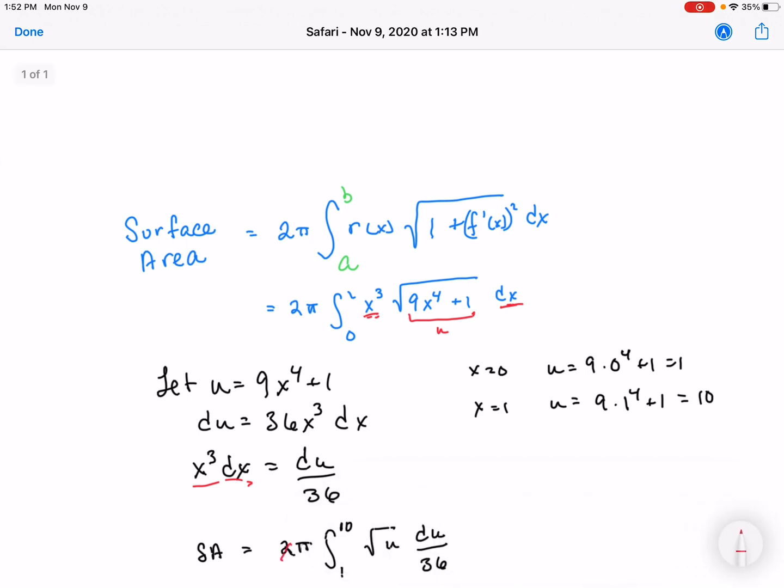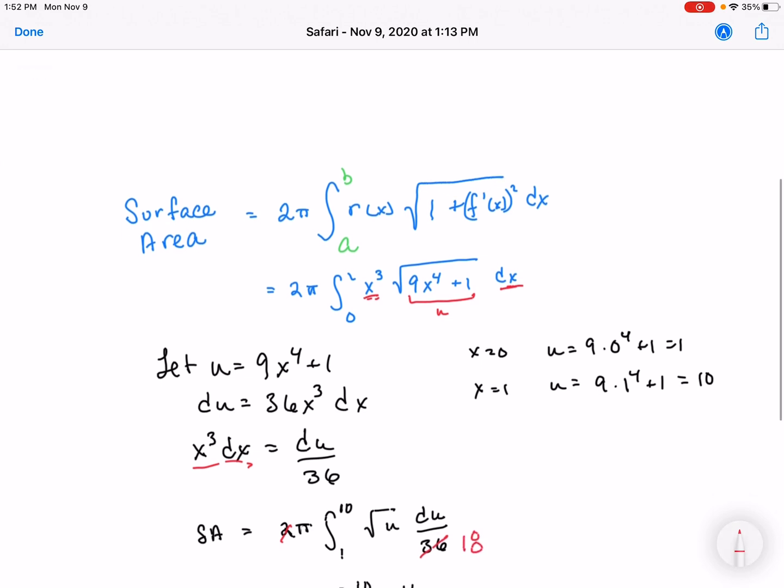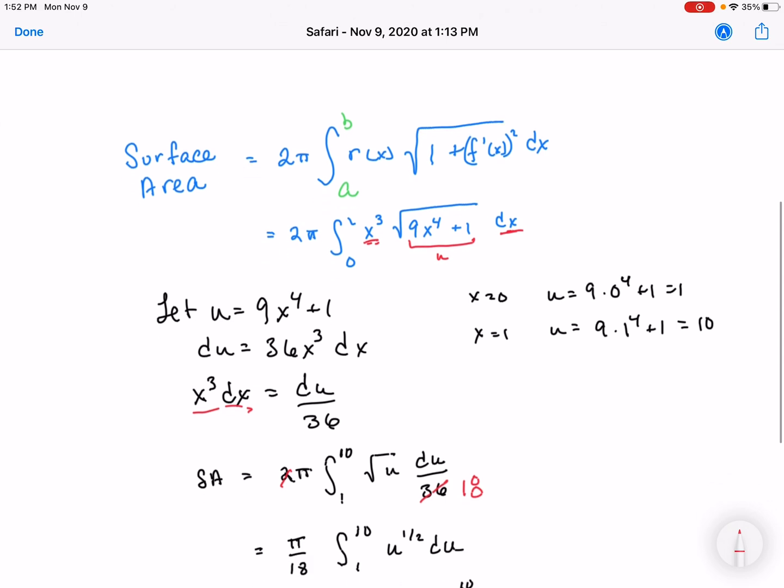We can cancel this 2 with this 36, and we'll be left with an 18 in the denominator. So we have pi over 18 times the integral from 1 to 10 of u to the 1/2 du. Our reasoning on expressing the square root of u as a fractional exponent is that it makes it easier for us to apply the power rule.